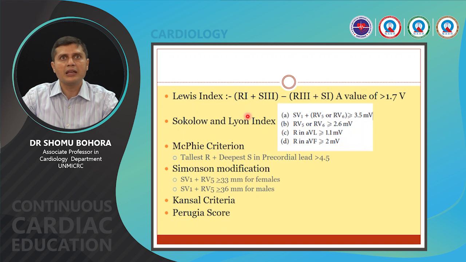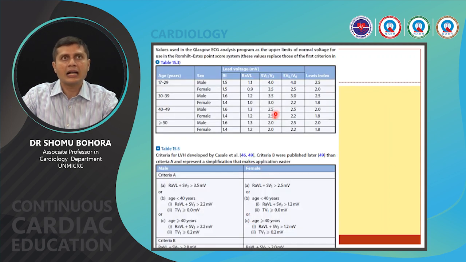The others being the Lewis index, the Sokolow-Lyon index, Cornell, Simpson's, Perugia, and others like Glasgow, as well as a criteria developed by Casale et al.